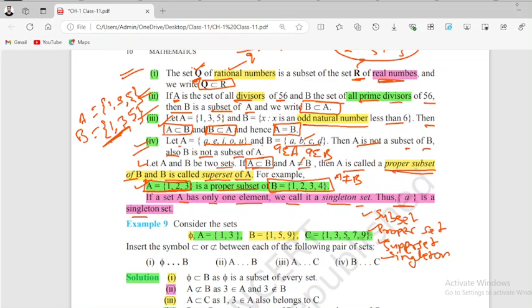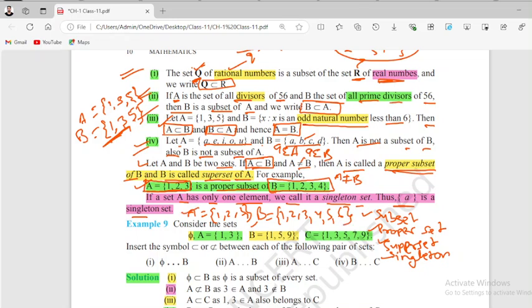And now, suppose A is equal to {1, 2, 3} and set B is equal to {1, 2, 3, 5, 6}.